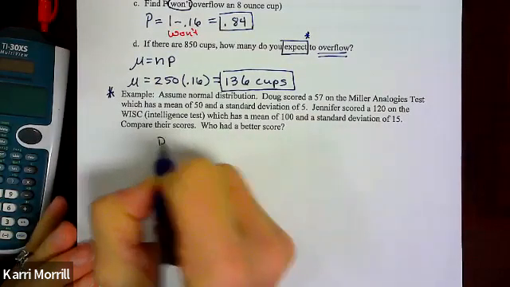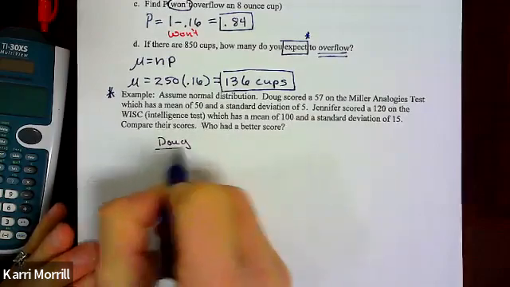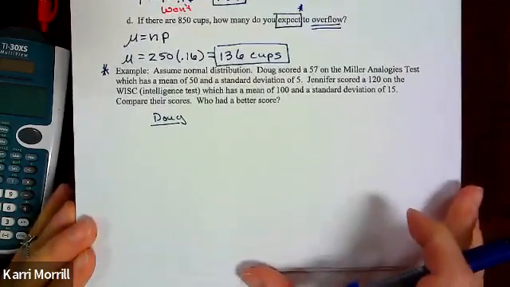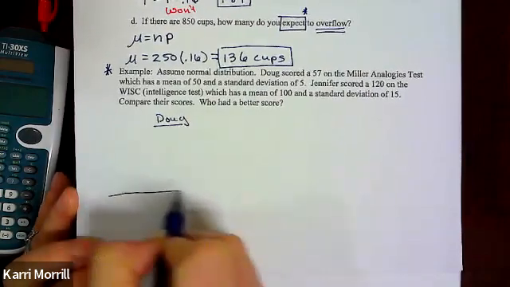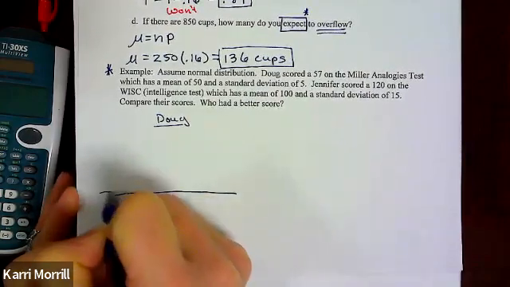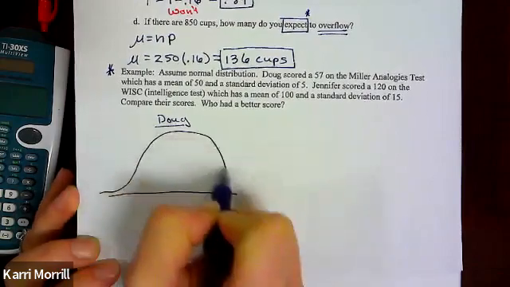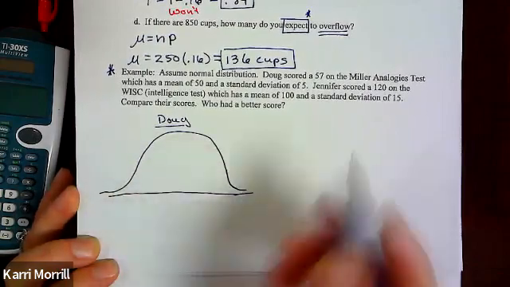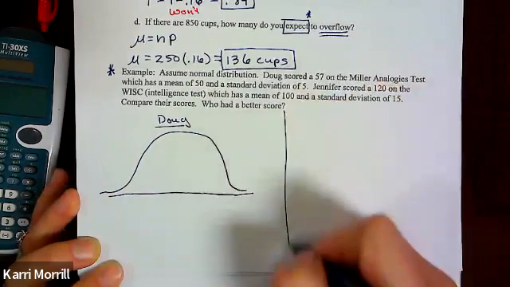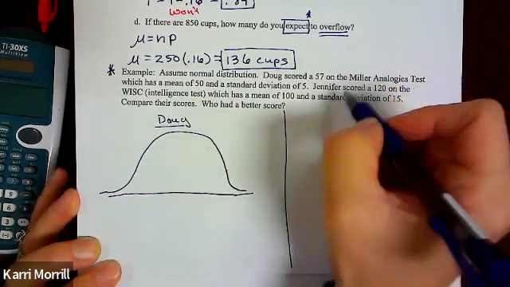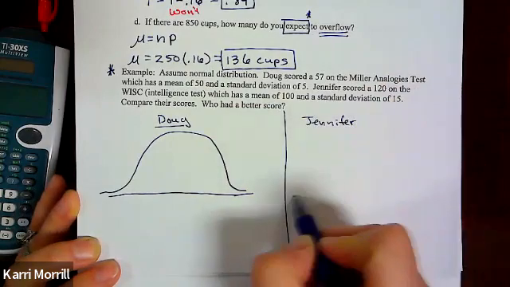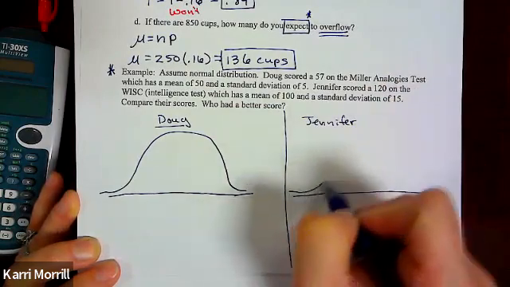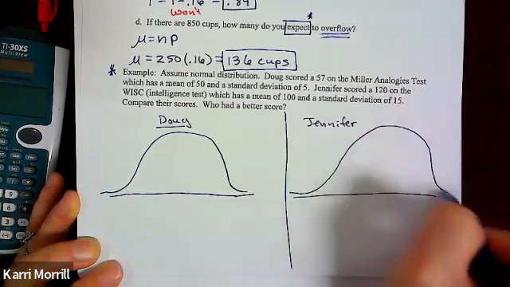So if we're talking about Doug, I just want to show you how we can't really totally compare it exactly yet. And we're going to learn a new concept in 6.2. So we can really compare things between people by using our empirical rule, by using our bell-shaped curve.